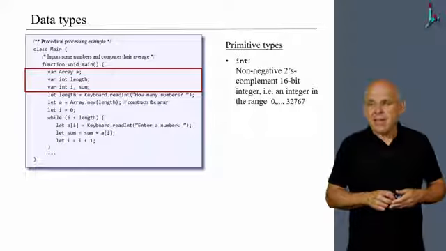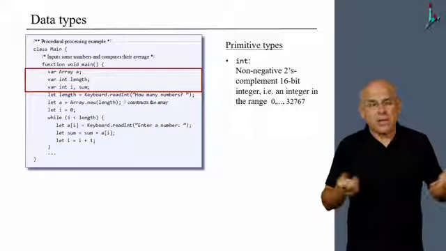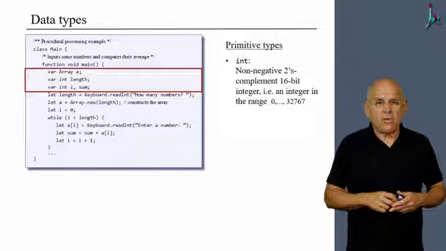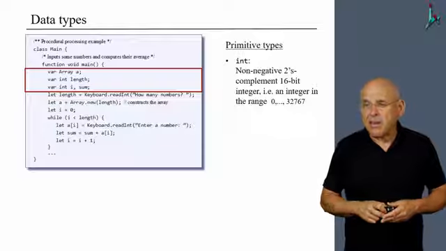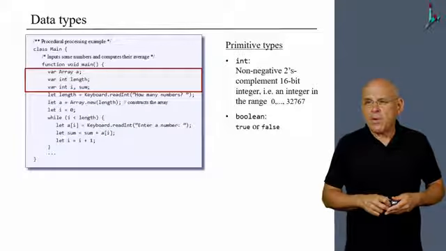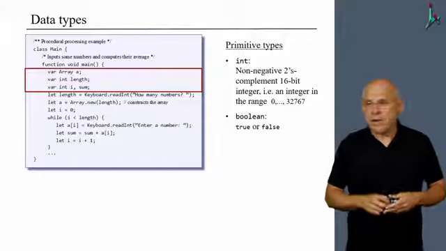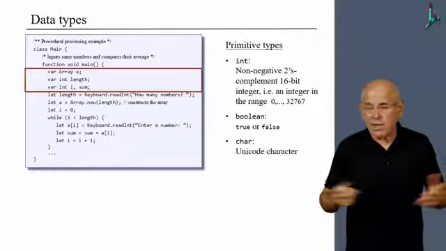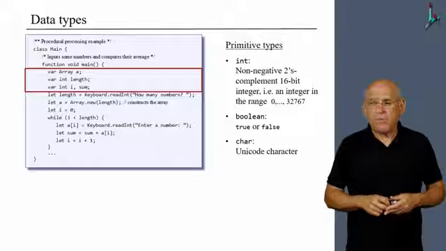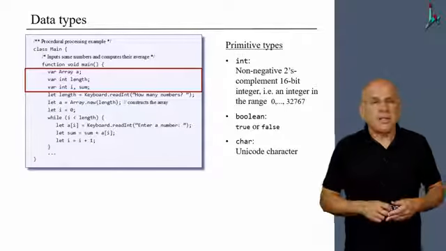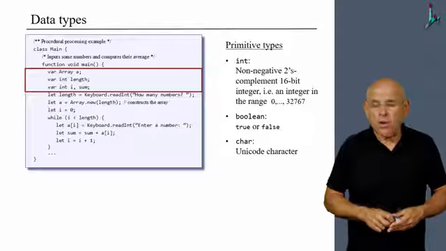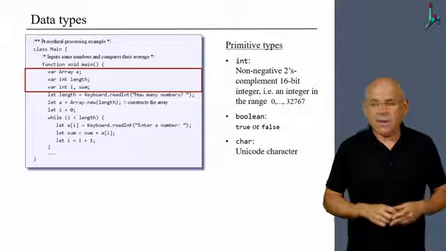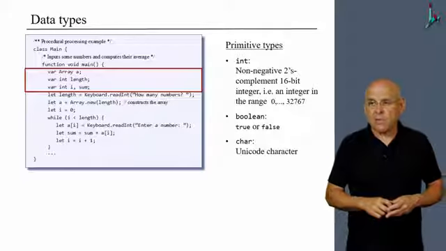The int data type can hold values in the range of 0 to 32,767. Then we have Boolean types, which are either true or false. And we have char types, which are essentially numbers that represent characters using the Unicode character scheme, or the ASCII scheme, which happens to be the same in the subset of characters that we use in this course.